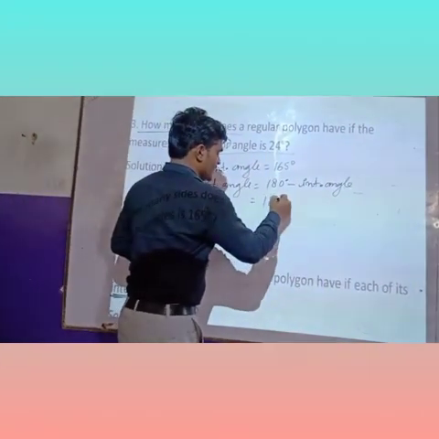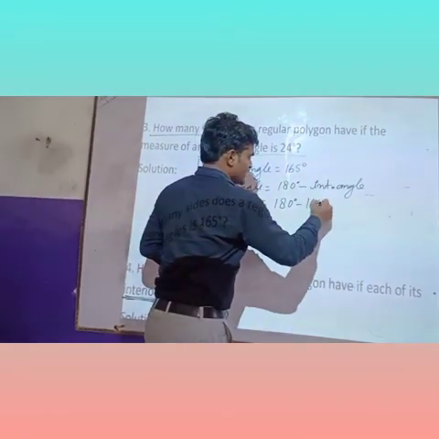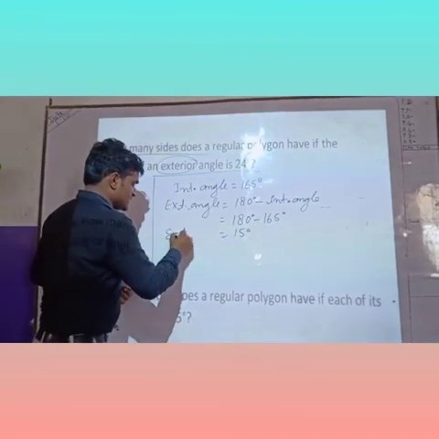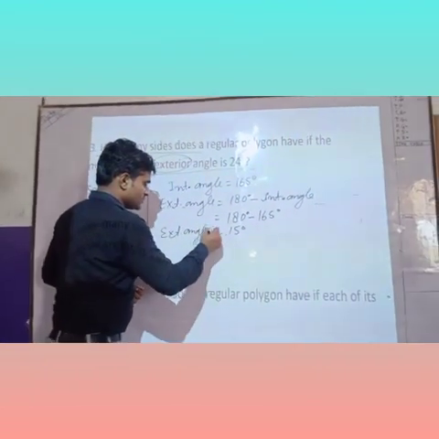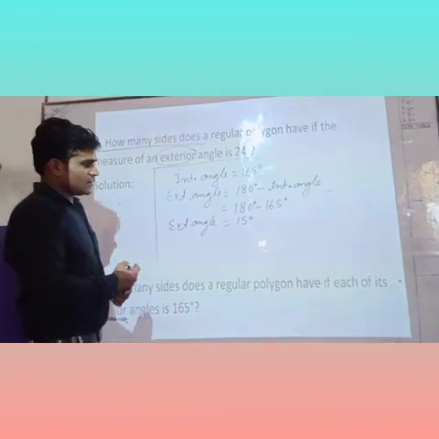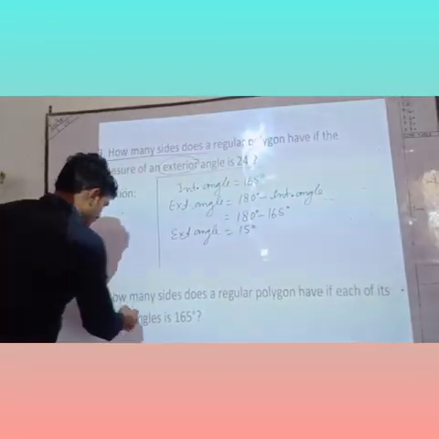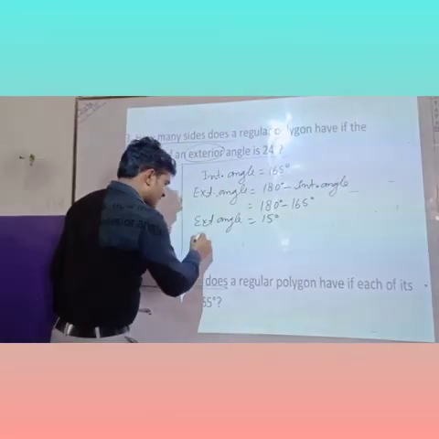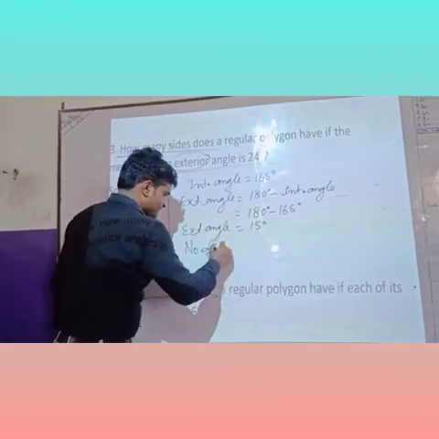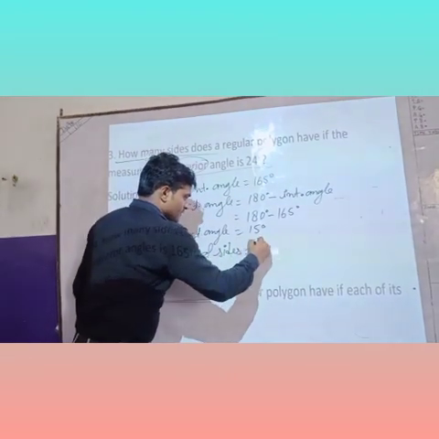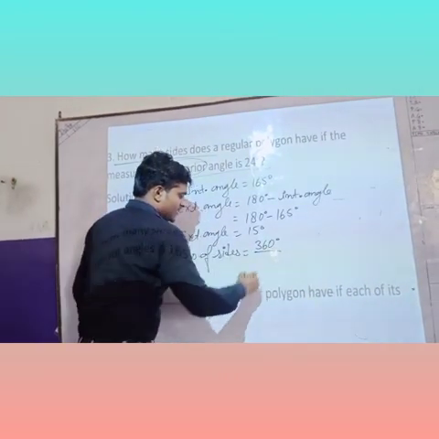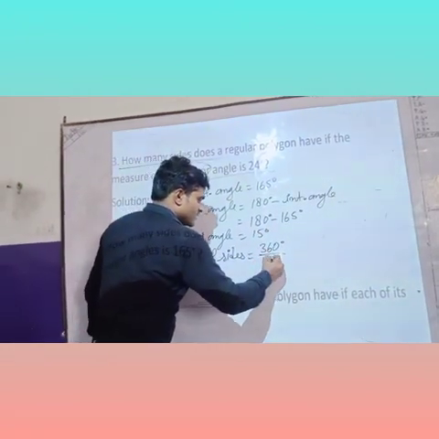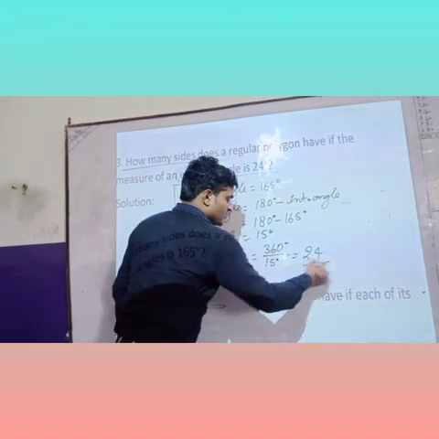So 180 degrees minus 165 is 15 degrees. So the exterior angle is equal to 15 degrees. Now we have to find how many sides the regular polygon has. So the number of sides is equal to 360 degrees divided by the exterior angle. The exterior angle is 15, so 360 divided by 15 is equal to 24.